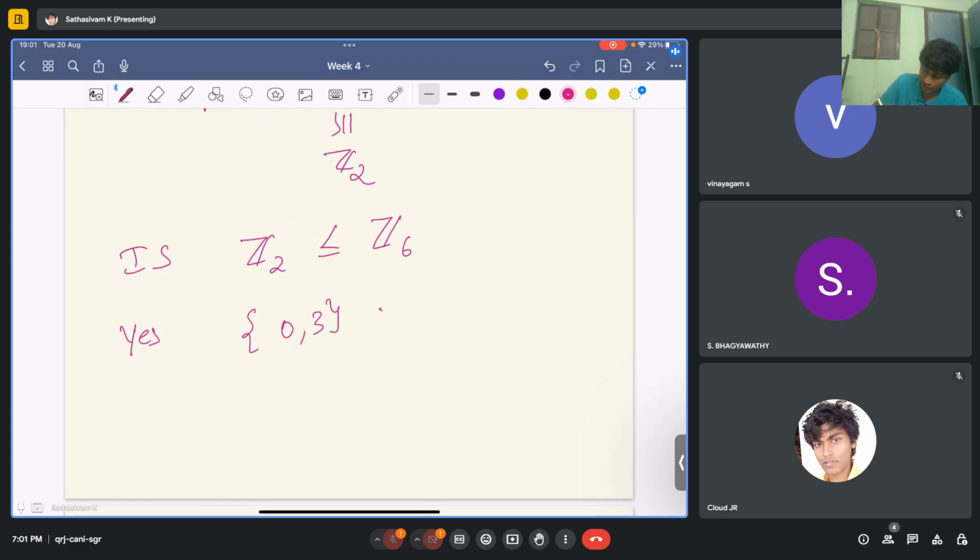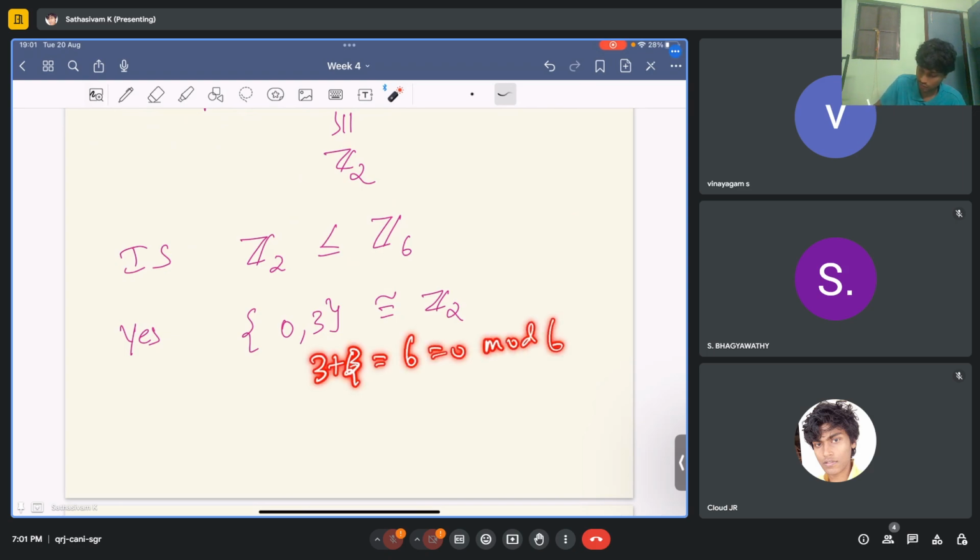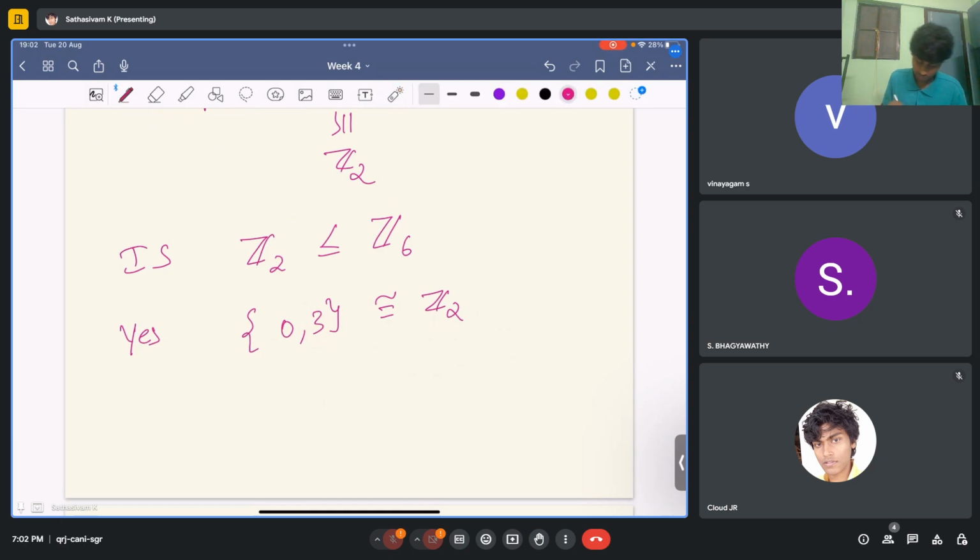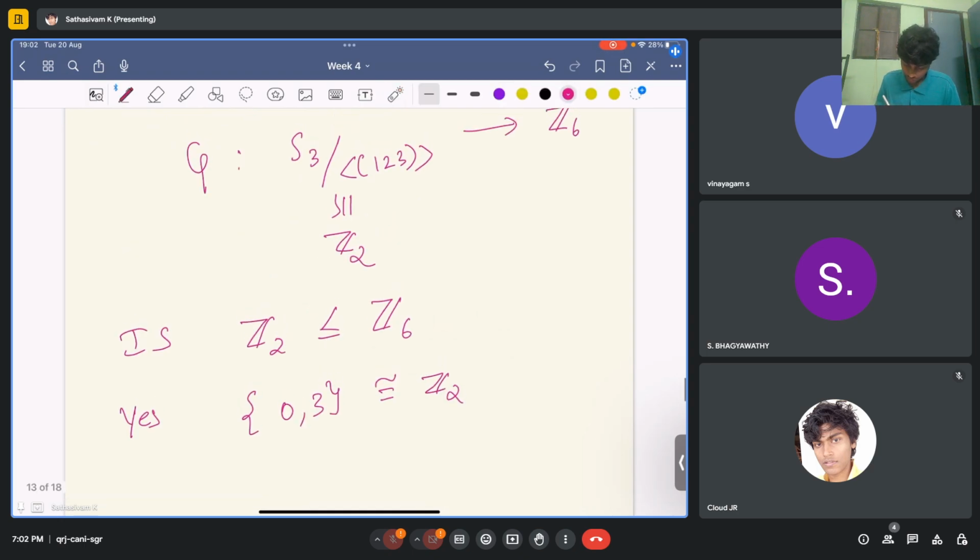You can see this is isomorphic to Z2. Take 3 two times, so 3 plus 3 is 6, which is 0 mod 6. So this subgroup is isomorphic to Z2. If you take this twice, it becomes 0. So we have a subgroup.